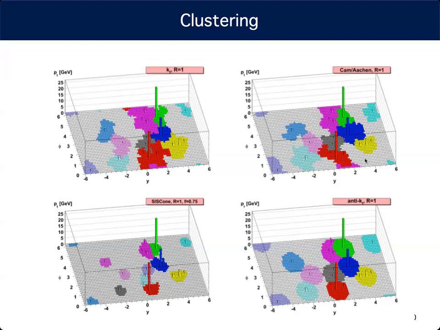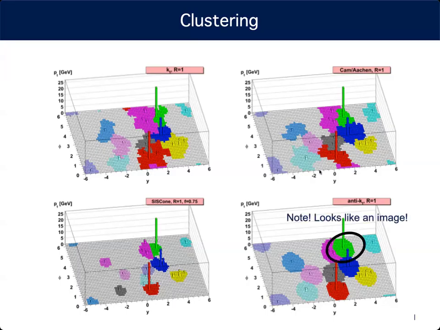However, if you set n equal to -1, magically, the math comes out that all it wants to do is make a circle. So you take the highest energy thing, you draw a circle around it, and that ends up being almost exactly the same as the anti-KT algorithm.